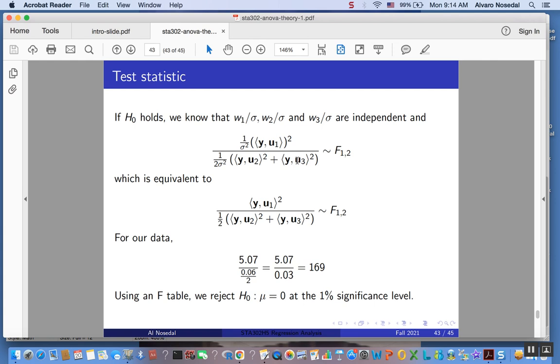Okay? Now, remember that an F distribution is a chi-square divided by its degrees of freedom. So chi-square divided by 1, that's just the same thing. In this case, we have a chi-square with 1 degree of freedom, plus a chi-square with 1 degree of freedom, and we divide by 2.